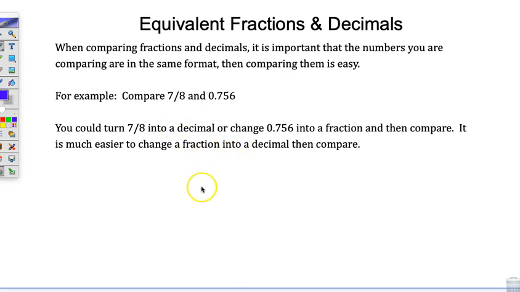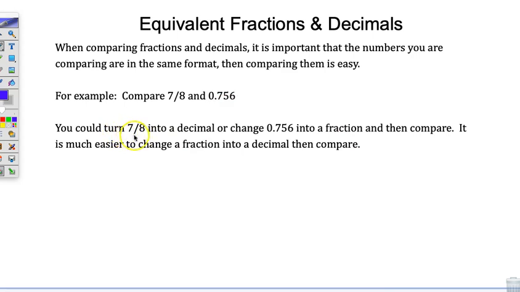So why I'm teaching you to convert from fractions to decimals and decimals to fractions is because when we compare fractions and decimals, it is important that the numbers you're comparing are in the same format. Then when you go to compare them, it's way easier. So for example, let's say our problem asked us to take 7/8 and compare it to 756 thousandths.